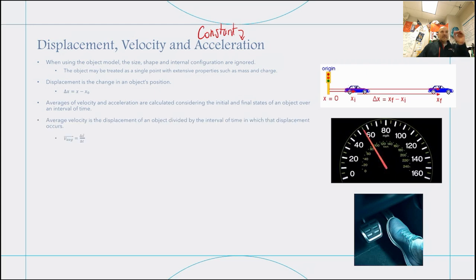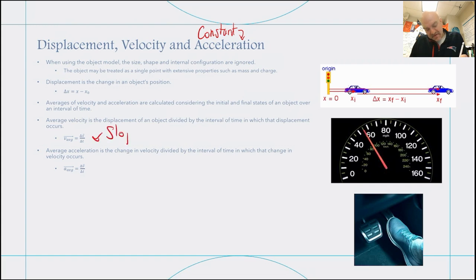Average velocity is changing position with respect to time, and average acceleration is changing velocity with respect to time. Remember, this is the slope of an x-t graph, and this is the slope of a v-t graph. We're going to get into that in a little bit.